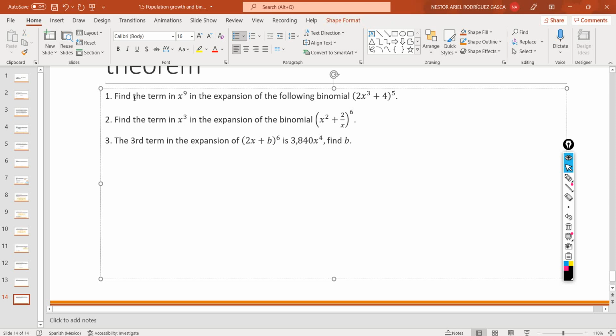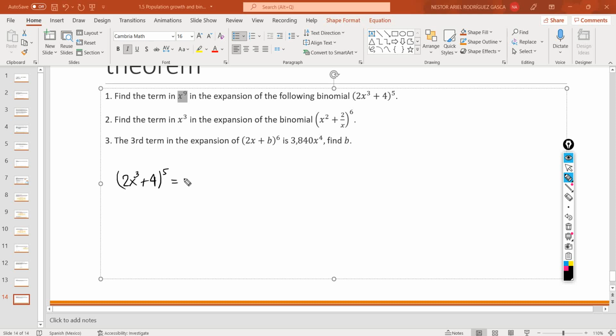The term in x to the 9 is the term in the expansion of this binomial whose variable part is equal to x to the 9, right? For example, let's take this binomial to the fifth. There you go, okay?